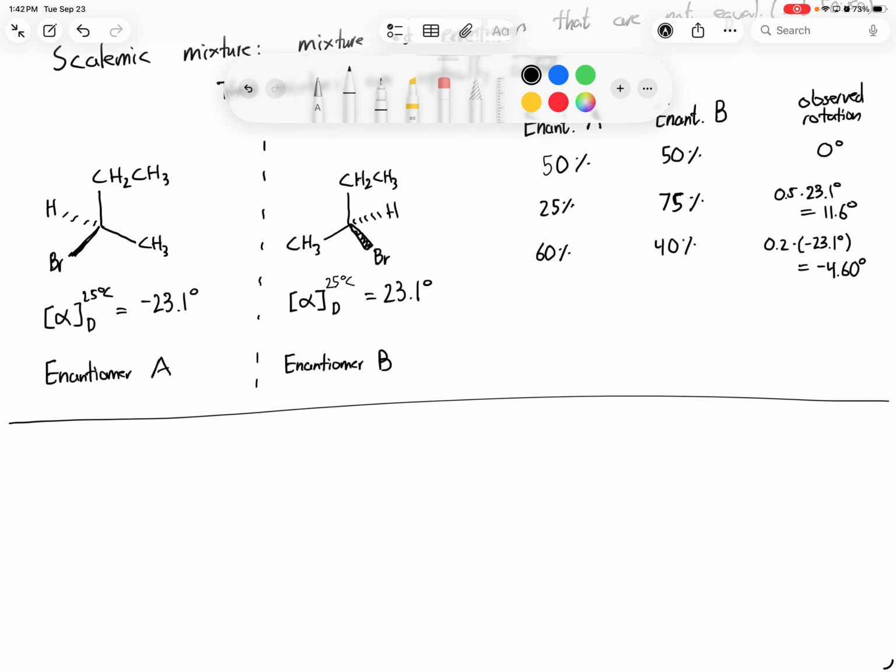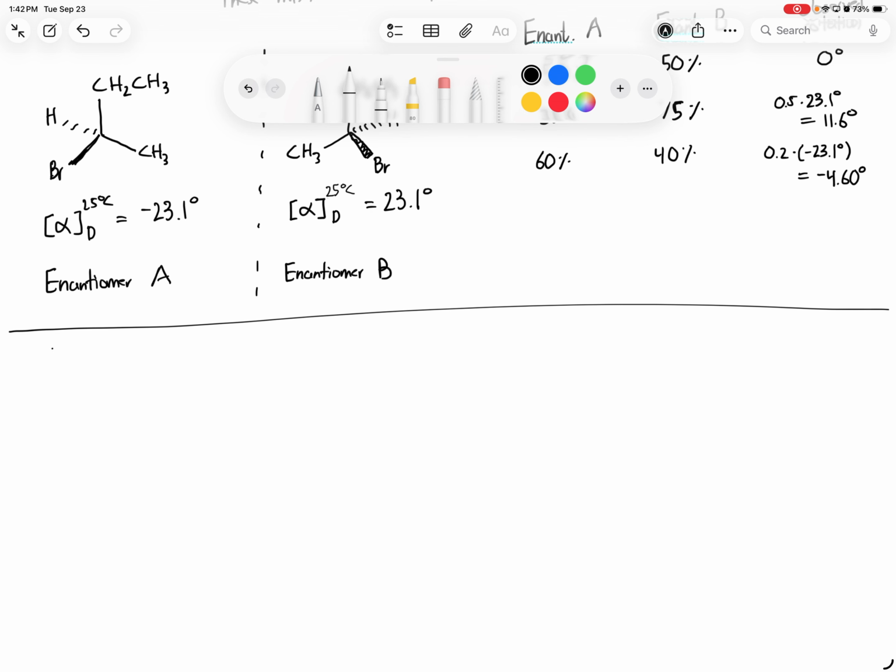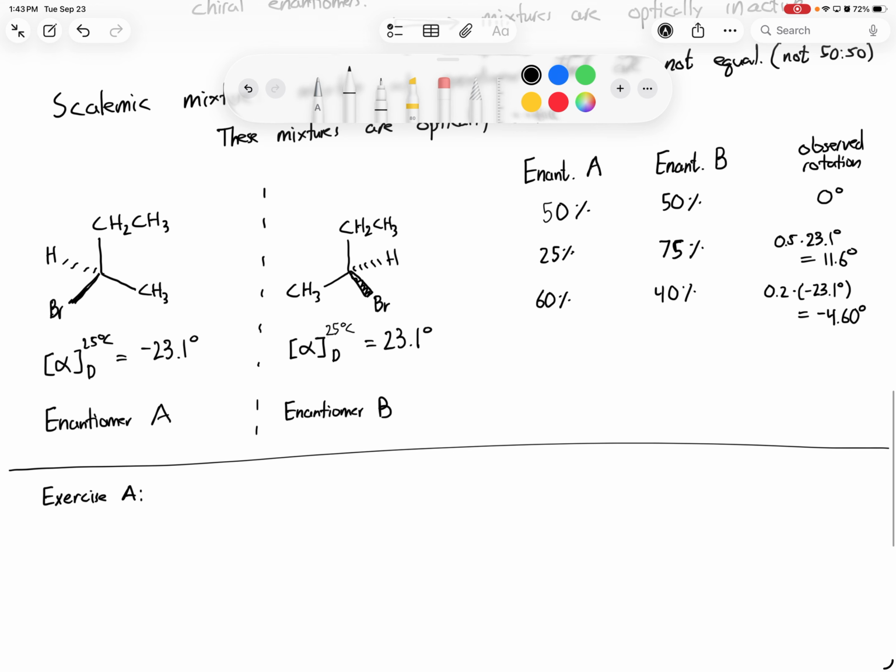All right. So let's do an exercise relating to this example. Exercise A. Say we have the same compound. This compound right here is 2-bromobutane. Say you have a sample of 2-bromobutane, and its observed rotation is positive 2.31 degrees.